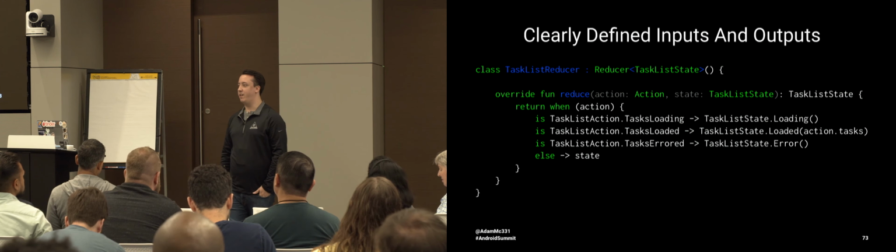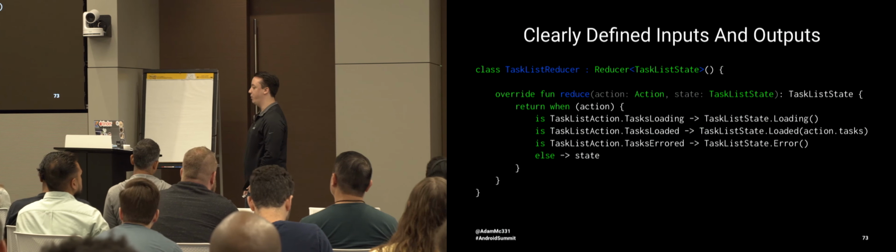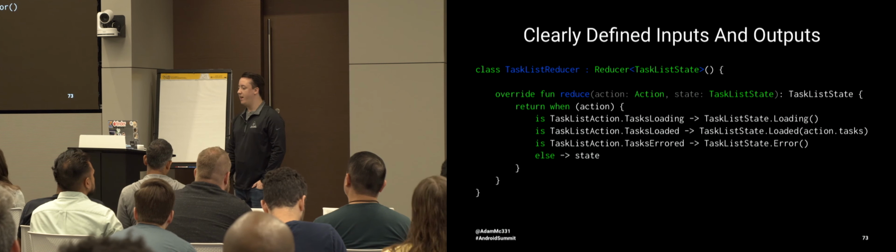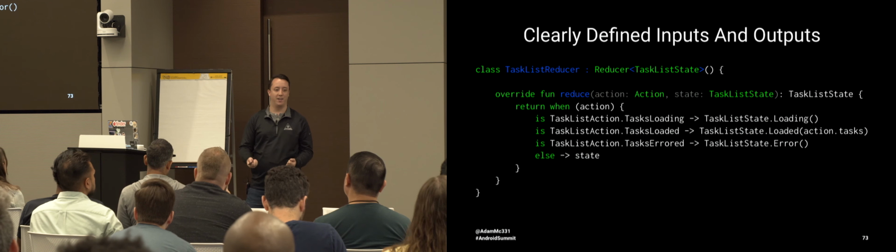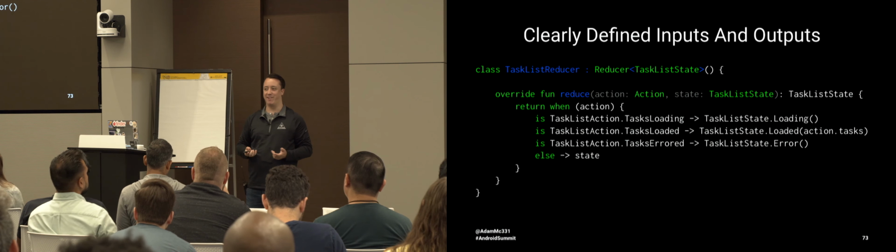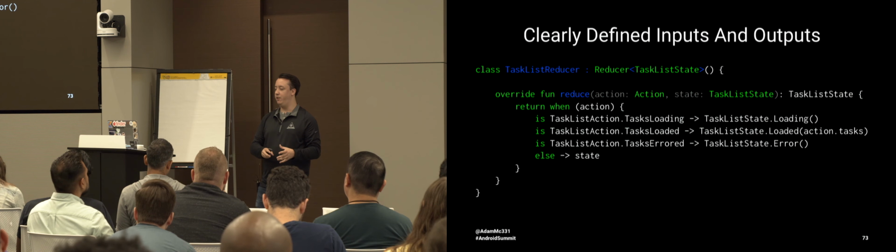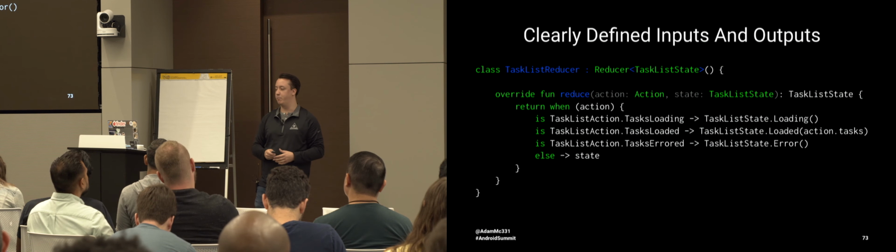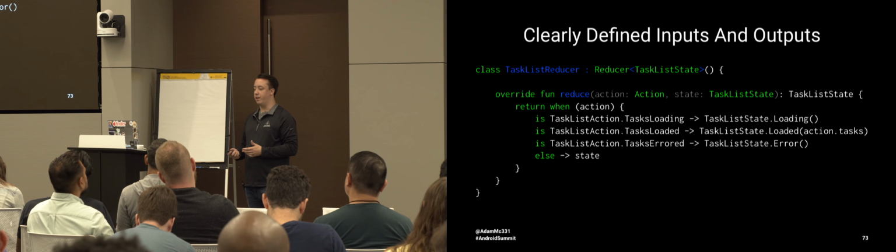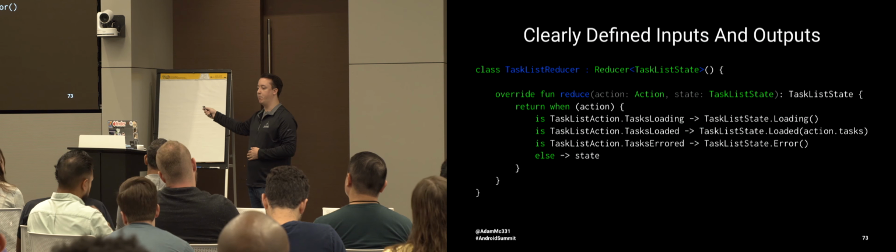So the question was, does MVI enable higher code coverage on unit tests? I don't know a lot about how code coverage as a percentage is quantified. I've heard that term. It's not something that I use on a regular basis. So I don't know if you really get more coverage out of it because you're still able to test all of the same things. But I think maybe the reason people might say that is because I have very clear inputs and outputs here.